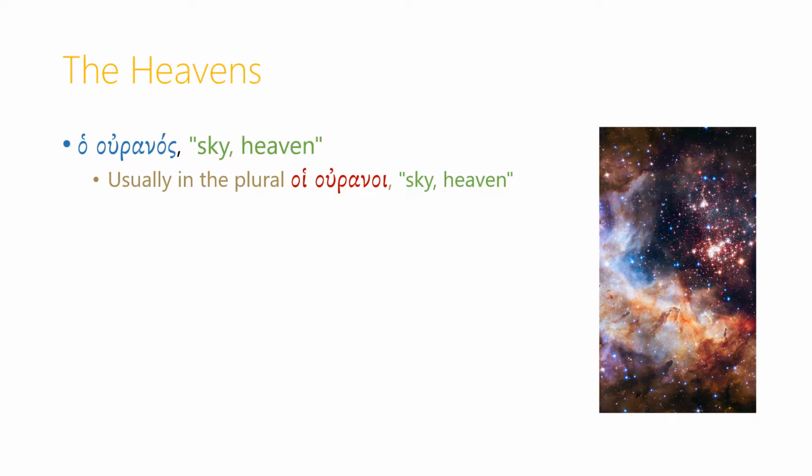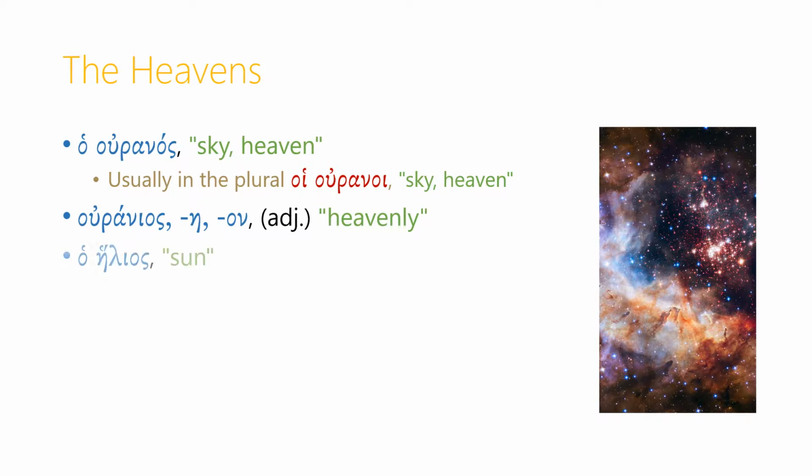It may well be that by the time of the New Testament, people were sophisticated enough to think of God's heavenly temple not being literally in the sky we can see, but in another dimension or a higher level. But the word that's used is still the word for sky, ho ouranos. Ouranios, ourania, ouranion, is an adjective that then means heavenly, or having to do with the sky.